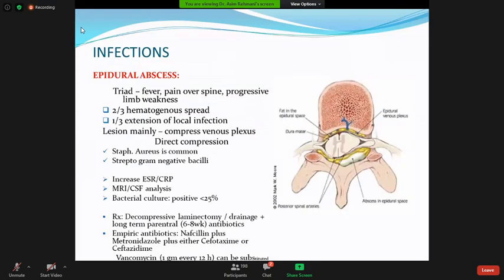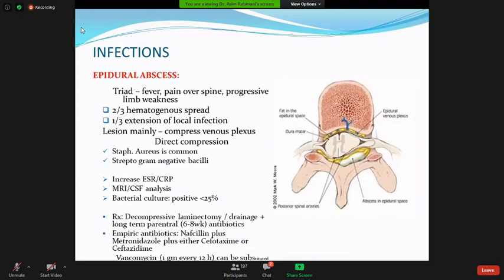Infections. The most common cause of infection in our society is TB osteomyelitis, but we can have isolated epidural abscesses, which have a triad of fever, spinal pain, and progressive limb weakness.